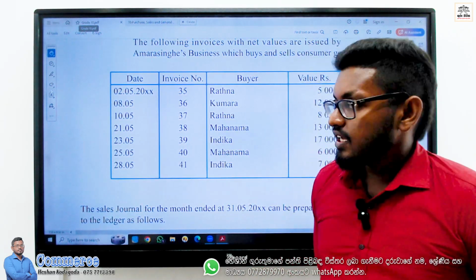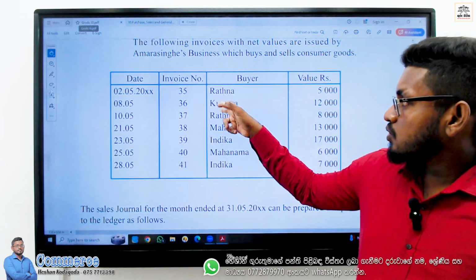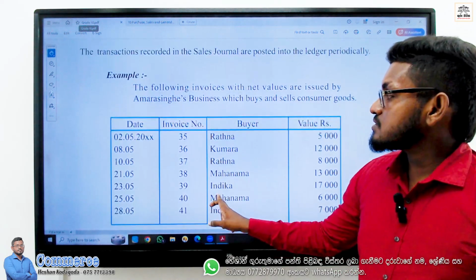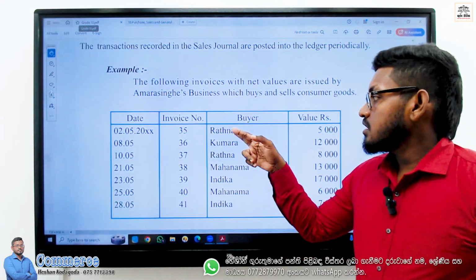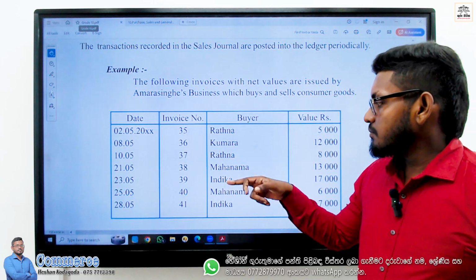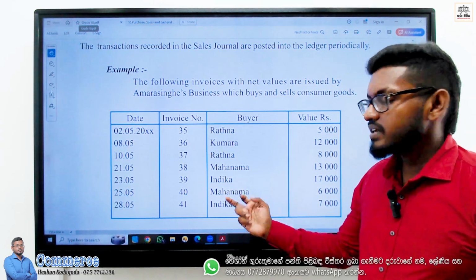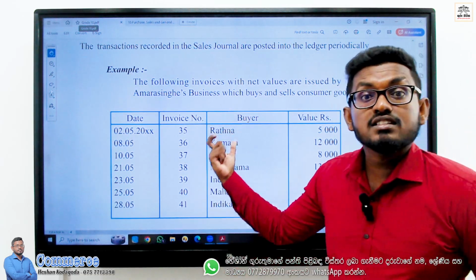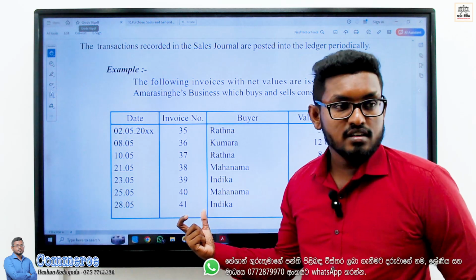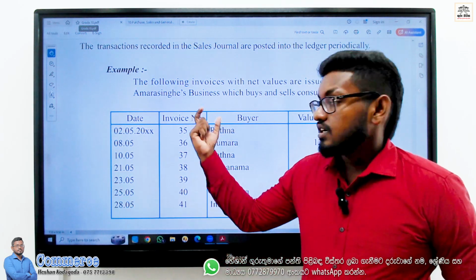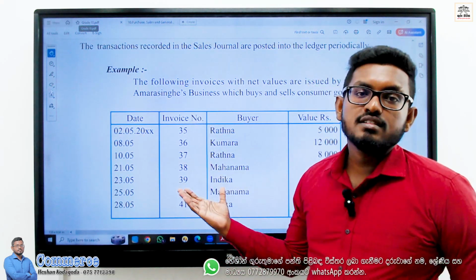So these are the net values. The buyer means our customer. Ratna, Kumara, Mahanama, Indika, these are debtors. Understand? All these people are debtors, right?